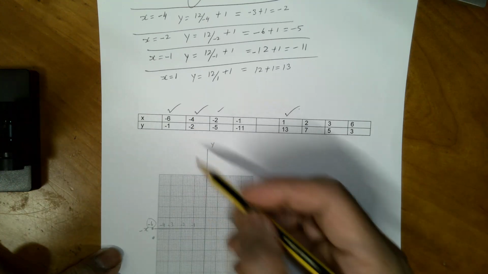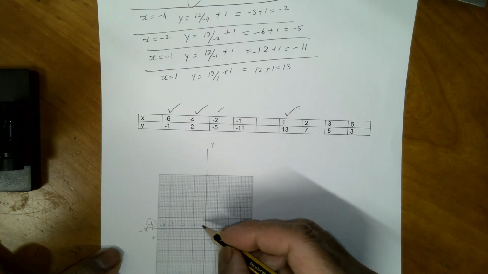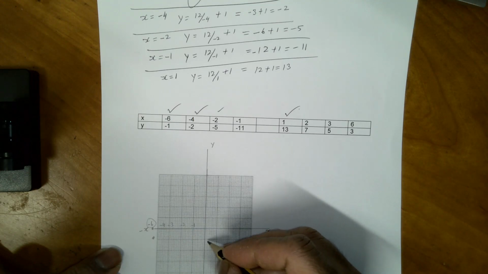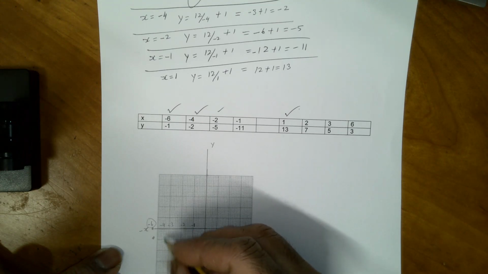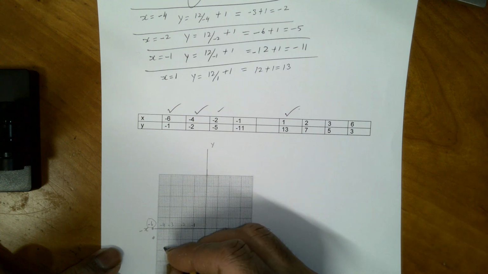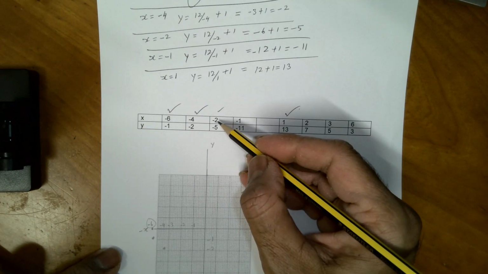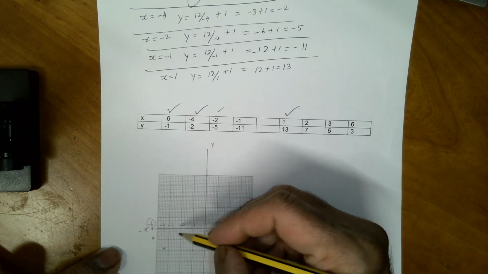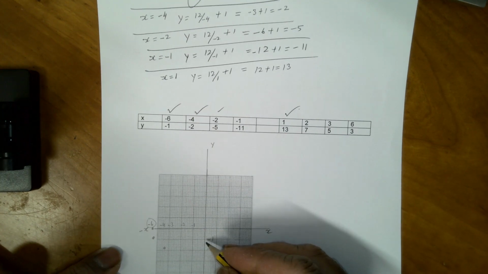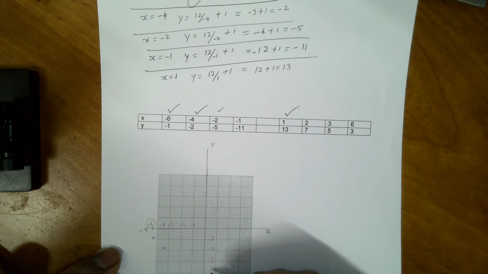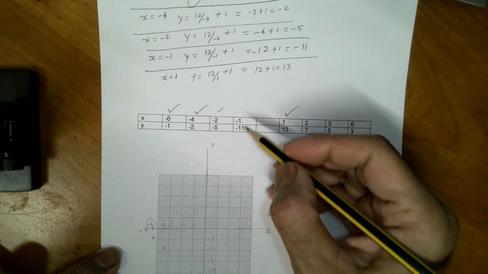Okay, minus 4, and then it's minus 2, so that should be okay. Then you've got x value minus 2, and then it's minus 5, so it's 1, 2, minus 3, minus 4, minus 5.